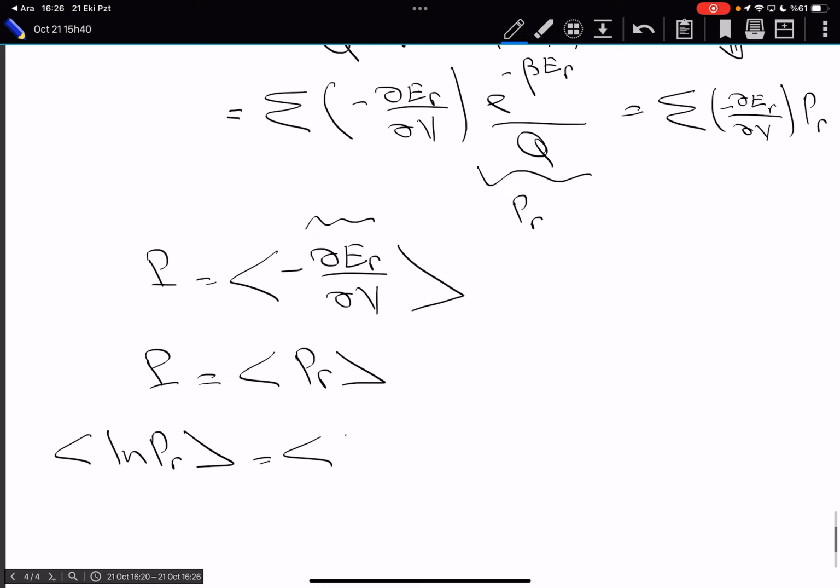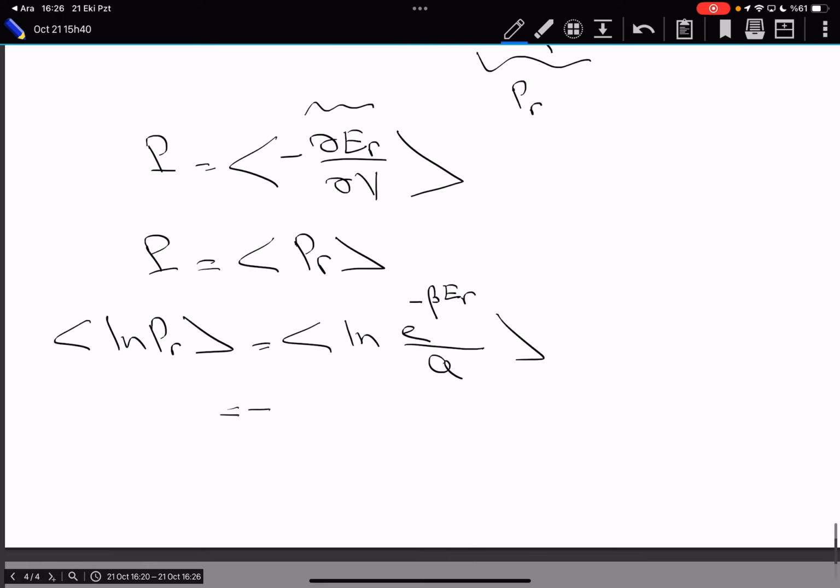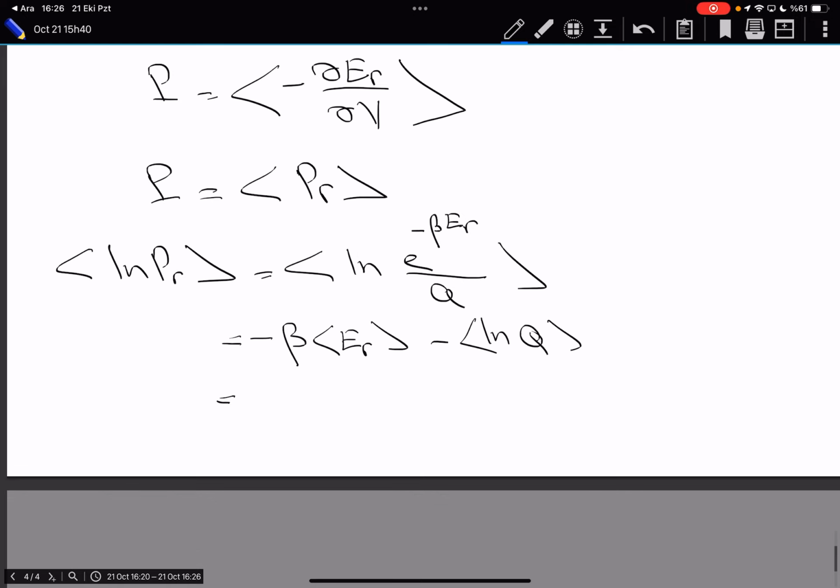Well, logarithm of P_R was e to the power minus beta E_R divided by Q. So this is equal to minus beta times the average of E_R, minus logarithm of Q. That is minus beta U minus logarithm of Q, and we just said that logarithm of Q is minus beta times the free energy.